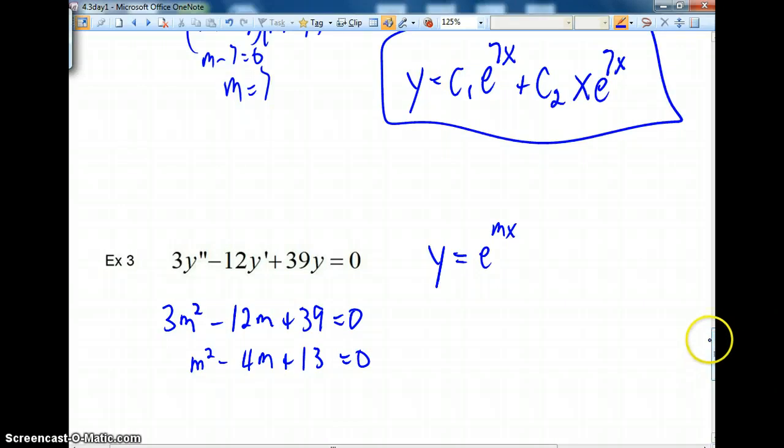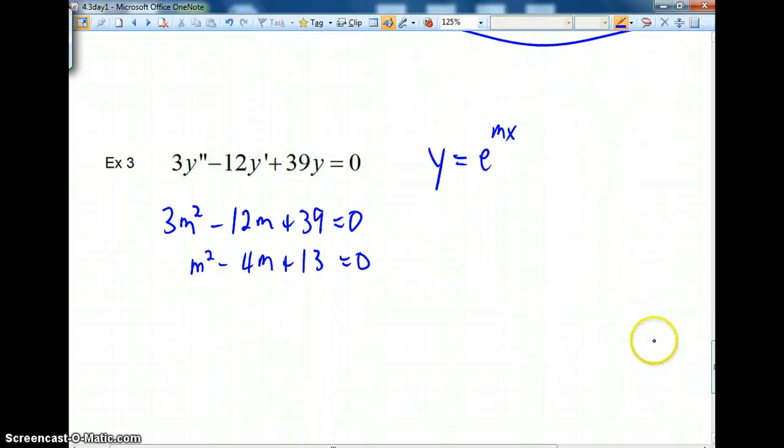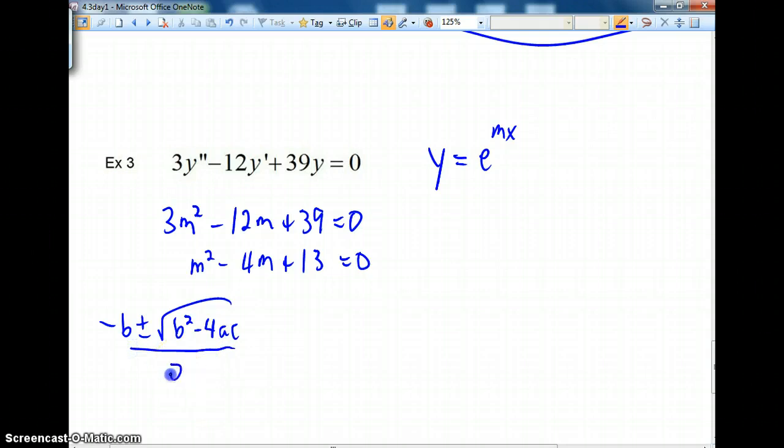That begs the question, how on earth would we solve? You could hit C-solve on a TI-89, or we could use the quadratic formula. The quadratic formula would be a nice simple way to do this by hand. You can see that a would equal 1, b would equal -4, c would equal 13.